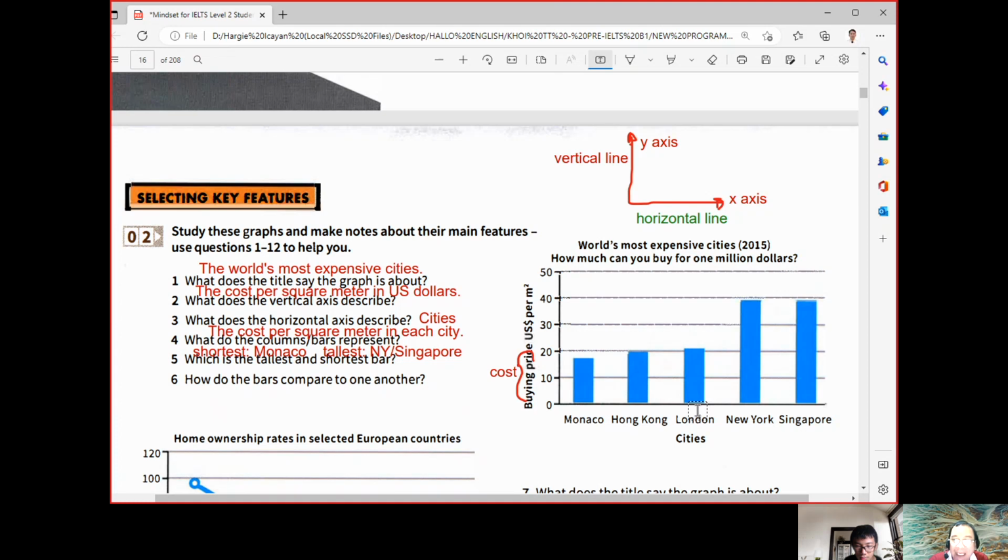So second to New York and Singapore, the most expensive cities would be Hong Kong and London, and last would be Monaco.